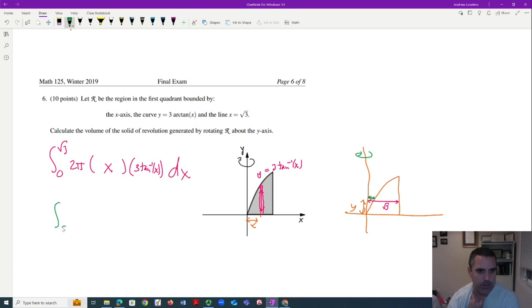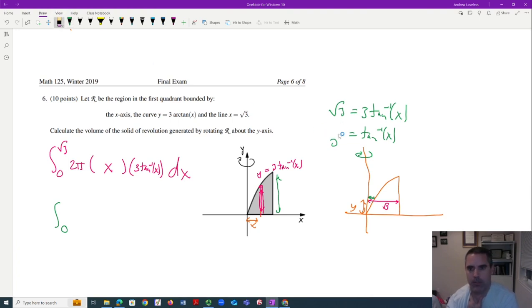The smallest y can be is 0. The biggest y can be, we have a little bit of work. You have to think about when is the square root of 3 equal to 3 arctangent. That would be a good time to have something on your unit circle. Sorry, I plugged it in the wrong place.